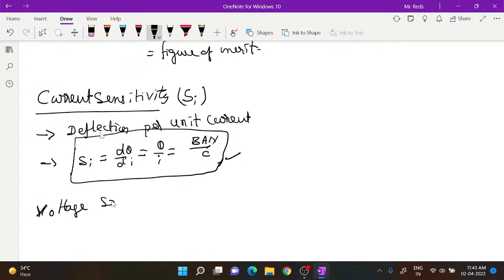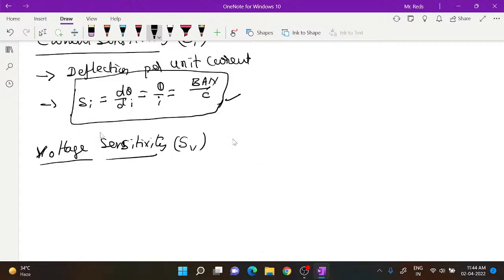Voltage sensitivity of a galvanometer is represented as S suffix V. Just like current sensitivity is defined as the deflection per unit current, that means if you increase the current, how much the deflection will increase or decrease, the same way voltage sensitivity can be defined as the deflection produced in the galvanometer per unit voltage applied.